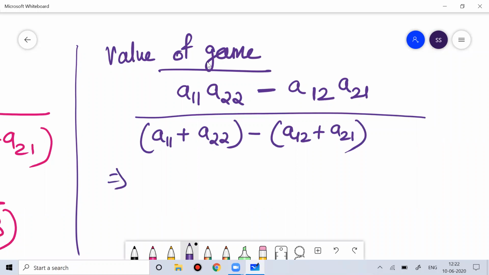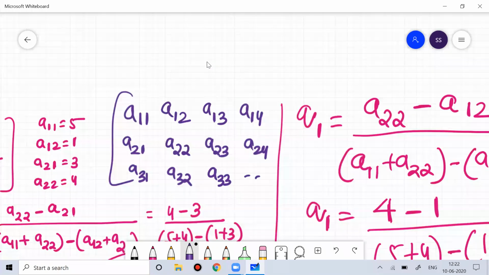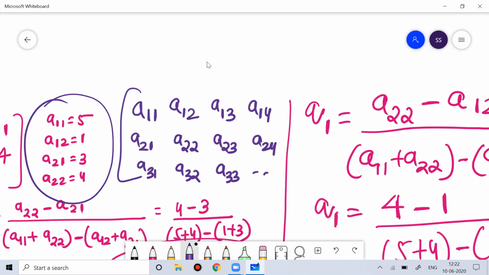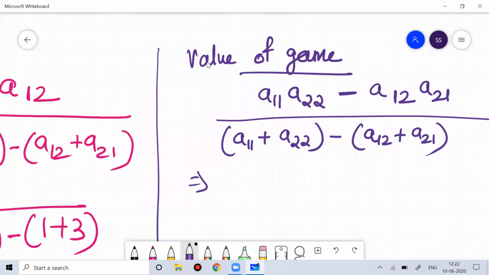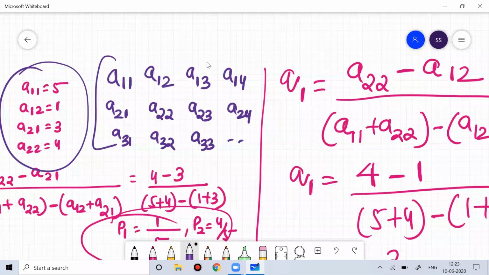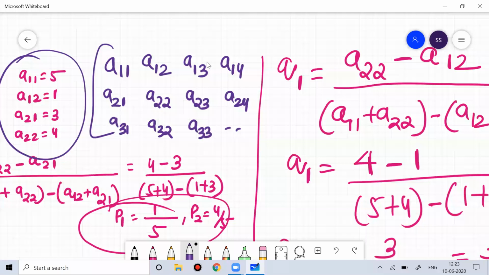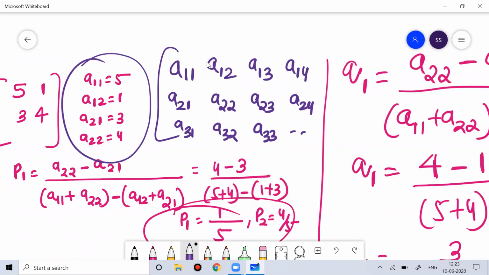So A11 into A22. A11 is 5 and A22 is 4, minus A12, which is 1, and A21, which is 3. So 1 into 3.